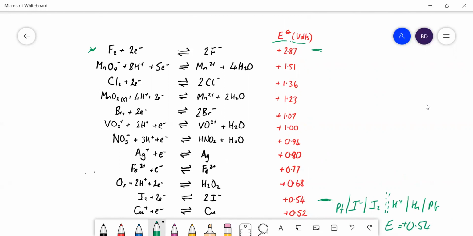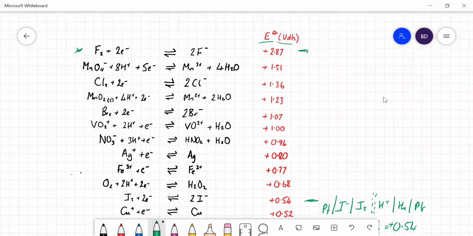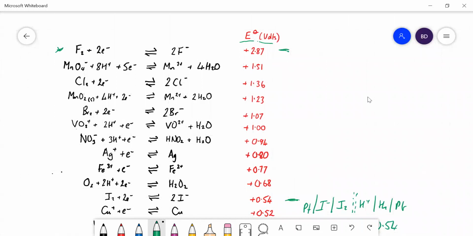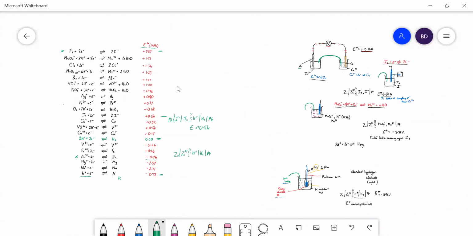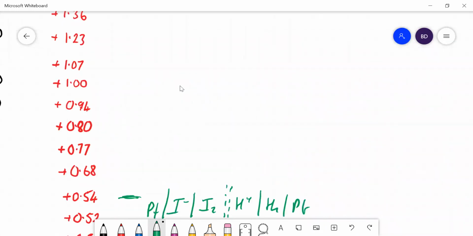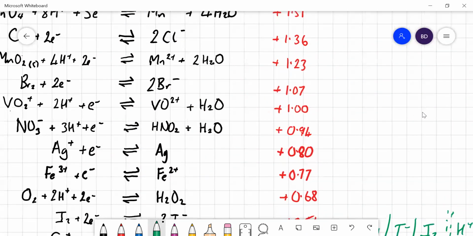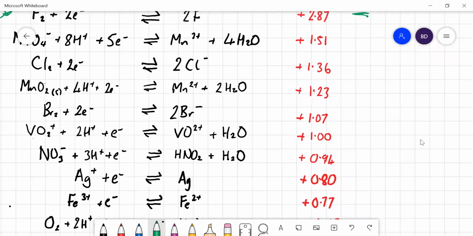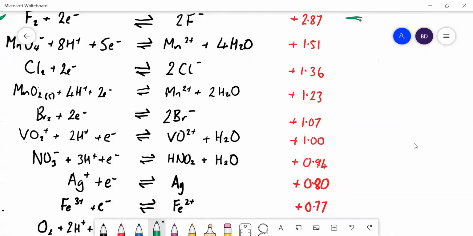Now, if you draw any cell at all, let's choose chlorine and bromine. I'll zoom in here a bit. Right, we've got chlorine and bromine, we can see them there. So we're looking at this one and this one.